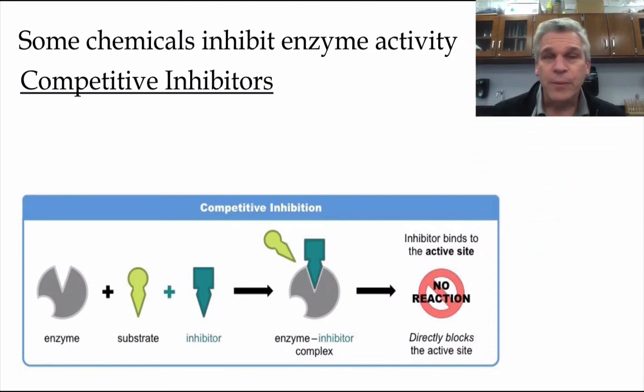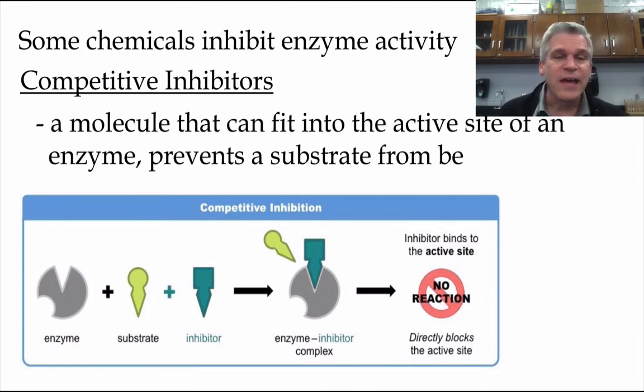There are other chemicals, though, that can inhibit enzyme activity. One type is called a competitive inhibitor. Now take a really good look at this picture. Look at the substrate and the inhibitor. They both have a part of their structure that allows them to fit into the active site of the enzyme.